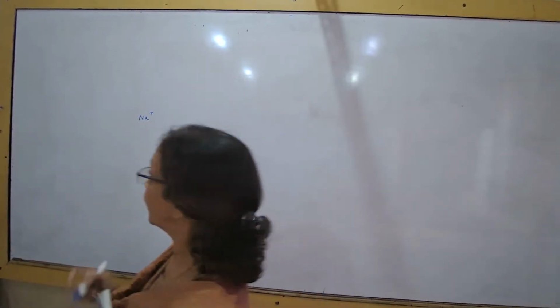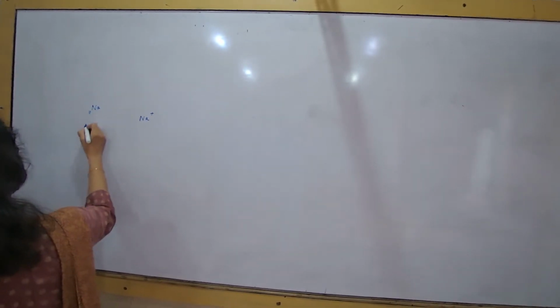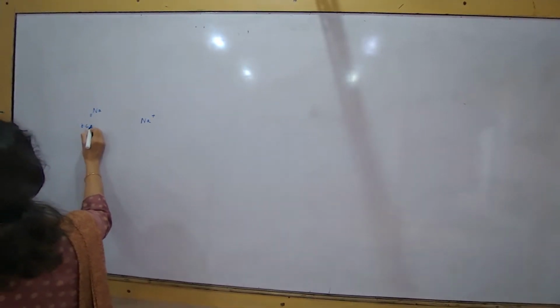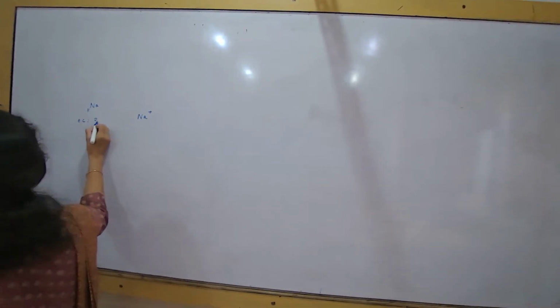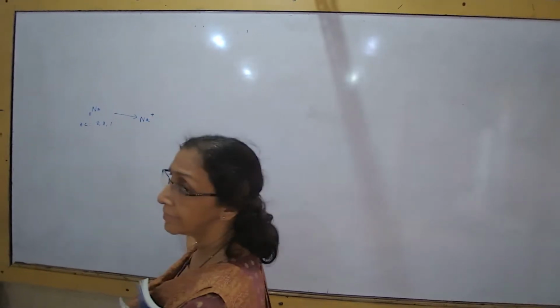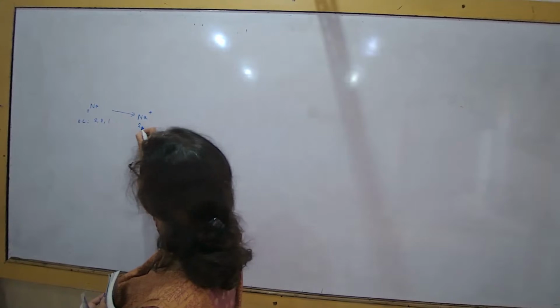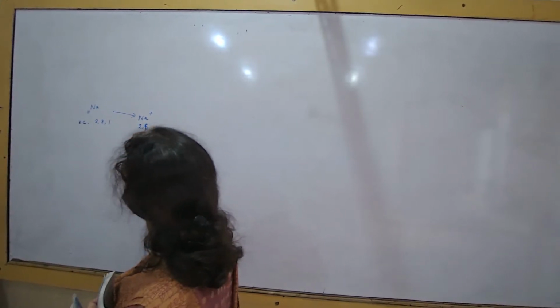The atomic number of sodium is 11. Electronic configuration 2, 8, 1. If it has become Na plus, now it is 2, 8.